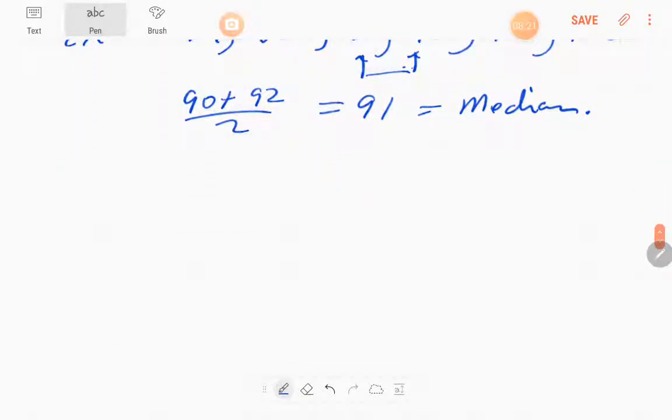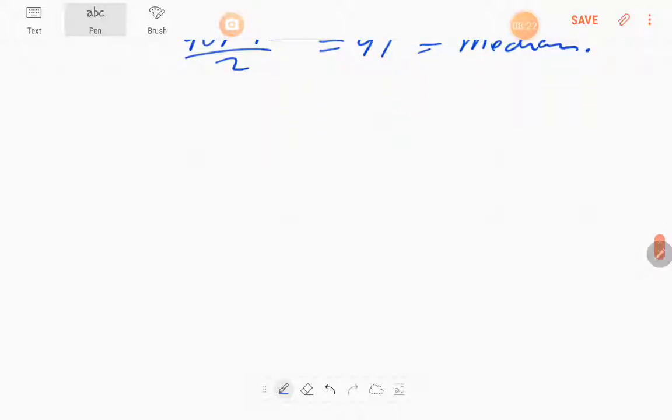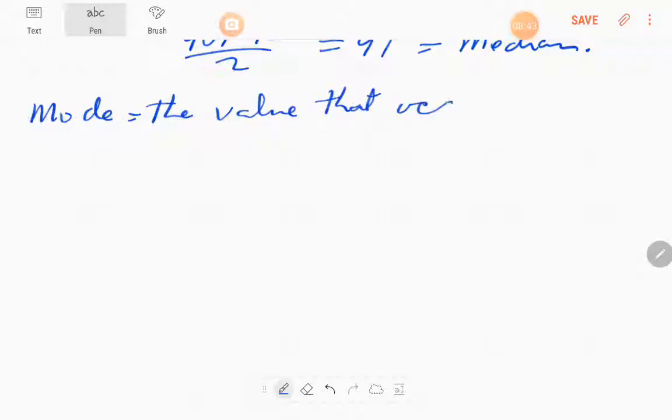Okay, and then finally, the third thing we use to find the middle of a data set is the mode. And the mode is the value that occurs most frequently.